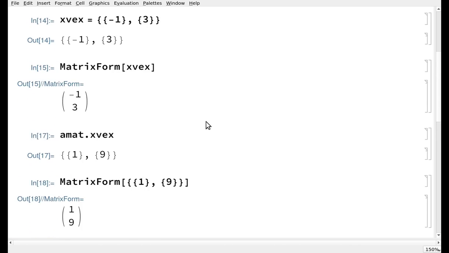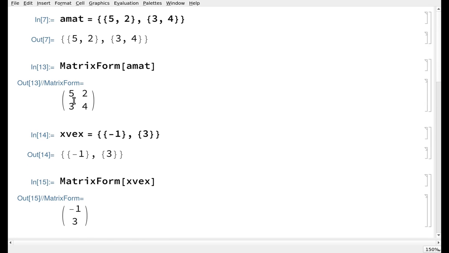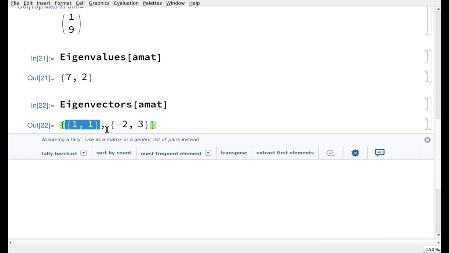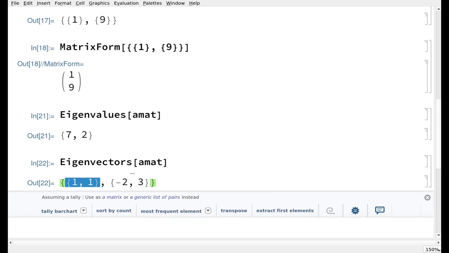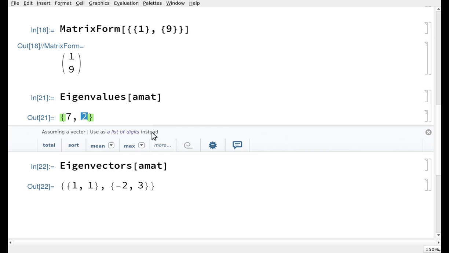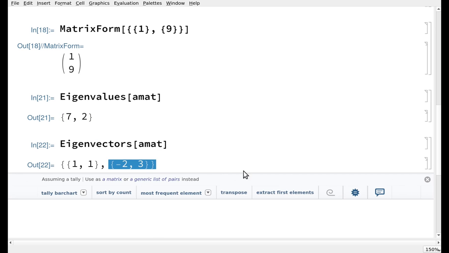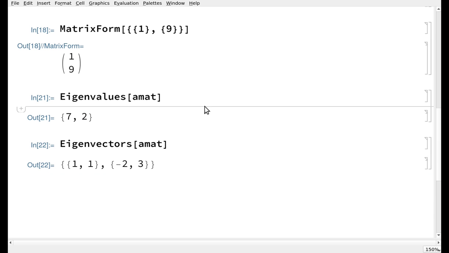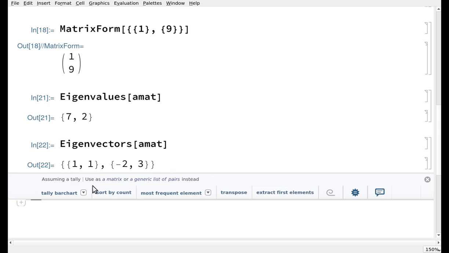Let's see, is that right? If I multiply 5, 2, 3, 4 times 1, 1, yeah, I get 7, 7, which is in fact 7 times 1, 1. So that's right. And similarly, the eigenvalue 2 goes with the eigenvector negative 2, 3. So, okay, it does all that for you.